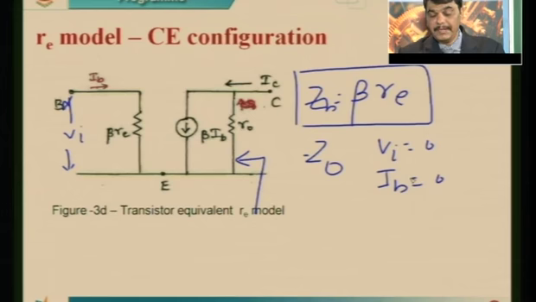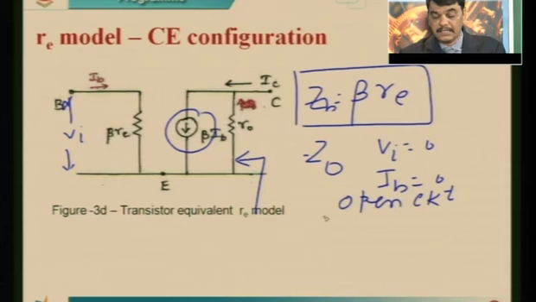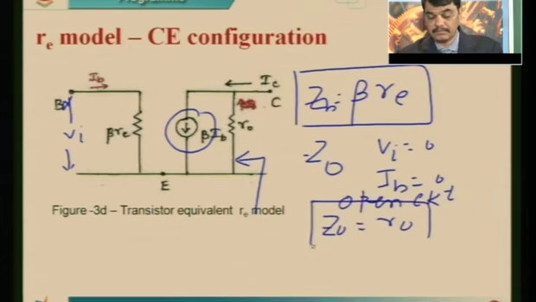When IB is 0, the constant current source acts as an open circuit, hence the output impedance Z0 is equal to R0. This is another important equation.